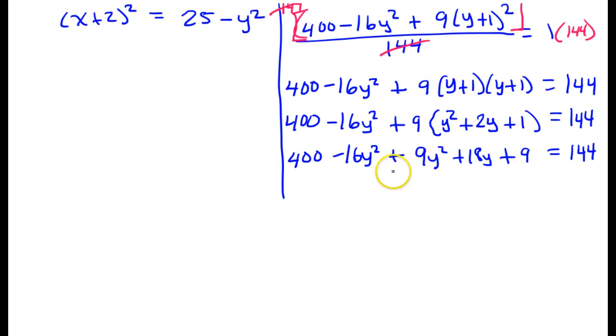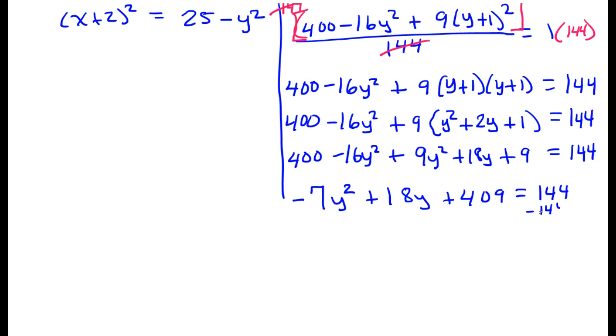Okay, got to combine some like terms here. So negative 16 plus 9 y squared, then plus 18y and 409. Putting these together is equal to 144.